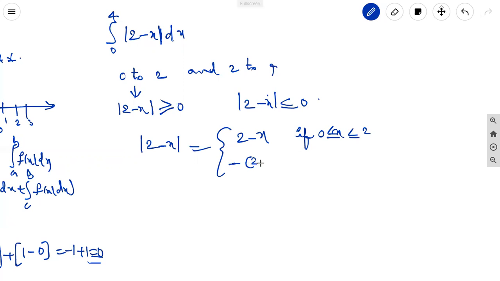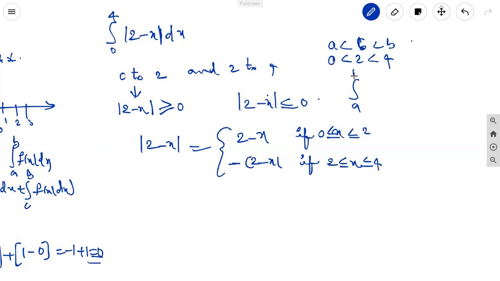It is minus of 2 minus x if 2 is less than or equal to x is less than or equal to 4. Okay. And 0 to 4, 0 is less than 2 is less than 4 means a is less than c is less than b. In this case, integral a to b f of x dx can be changed into integral a to c f of x dx plus integral c to b f of x dx by the property.